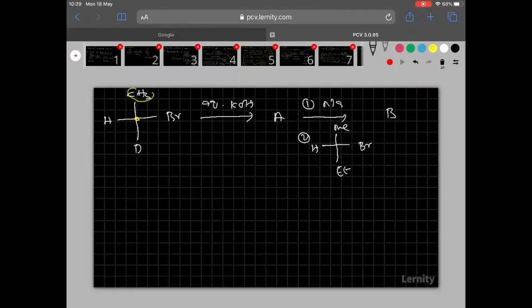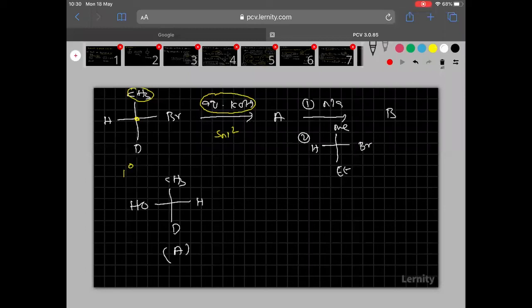Which mechanism? SN2 mechanism. SN2 leads to what? Inversion. So what is A? Inversion means the nucleophile OH minus attacks from the backside. Hydrogen will go here, CH3 here, D here. This is A. I think you are able to understand this one.